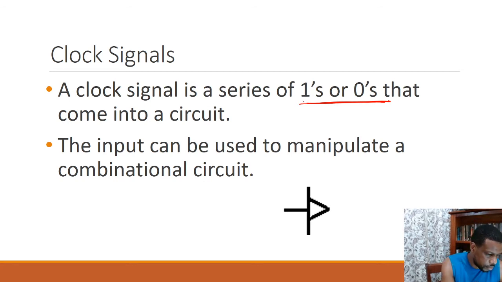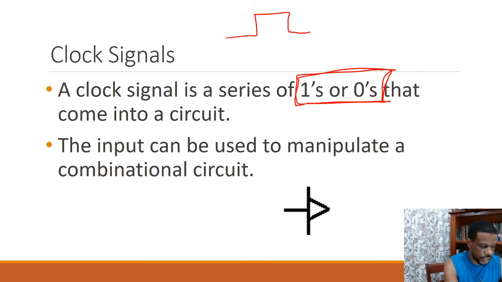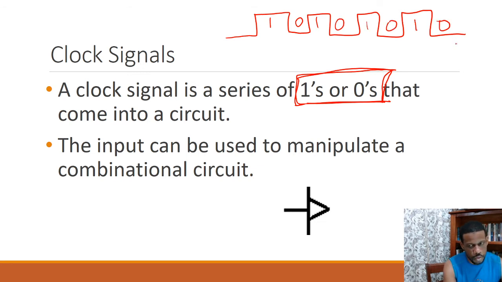So while the lag is taking place, alright, a clock signal is a set of ones or zeros. So you could send in a clock signal like this, which will be like 1 0 1 0 1 0 1 0, and every time you get a 1 or a 0, that signal will go into a flip-flop and it will change the number.